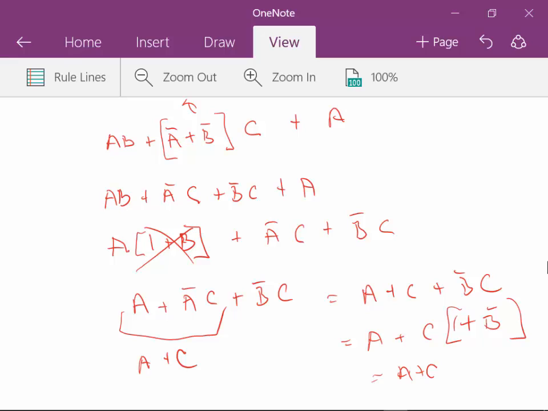Keep in mind that in about another week or so, I'm going to throw Boolean algebra away and use another technique that's much easier. But you still have to know how to do this. In real life, we don't use this very often, but once in a while we do have to use that.